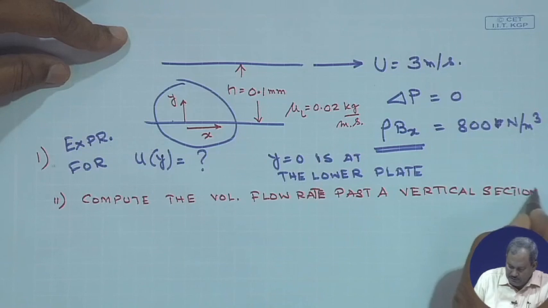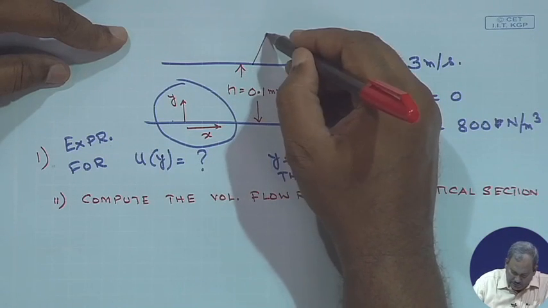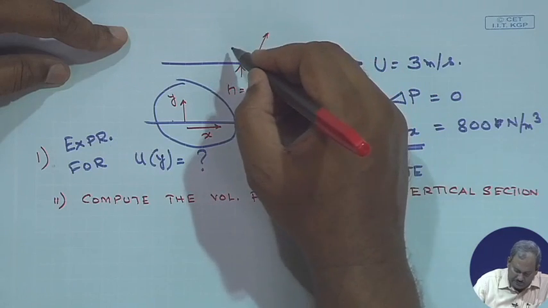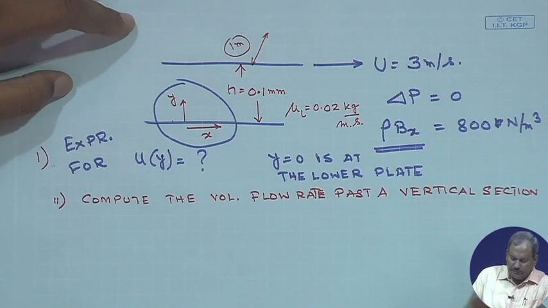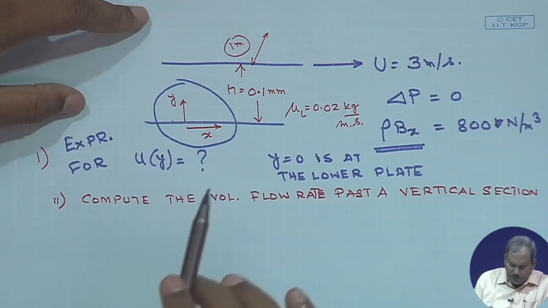And here you can assume the width of these plates to be 1 meter, to be unity. Okay. So, there are two parts to the problem.